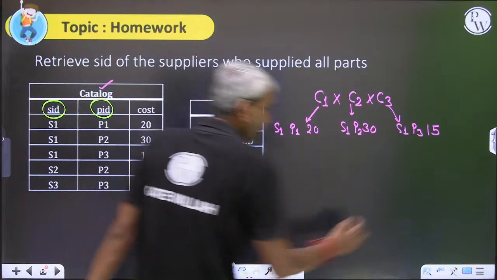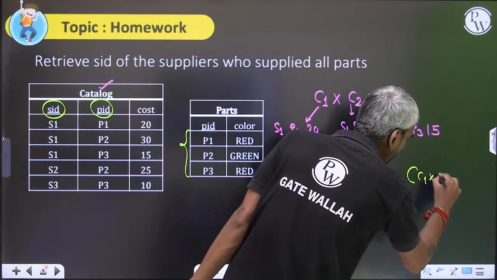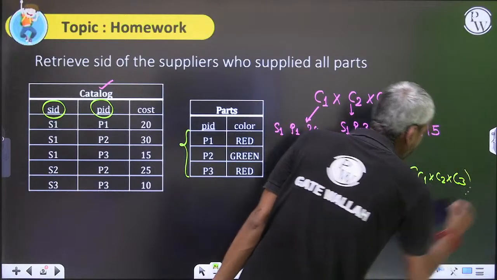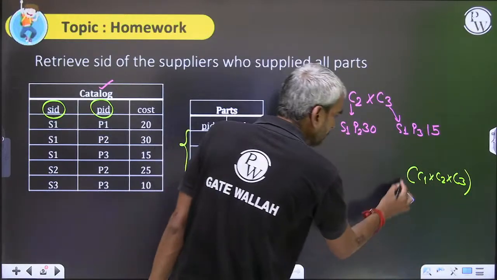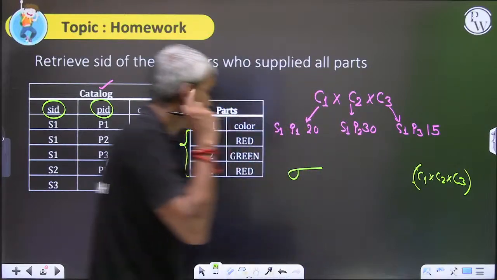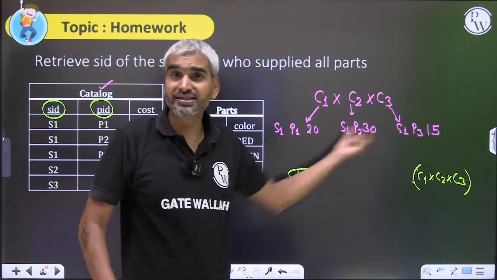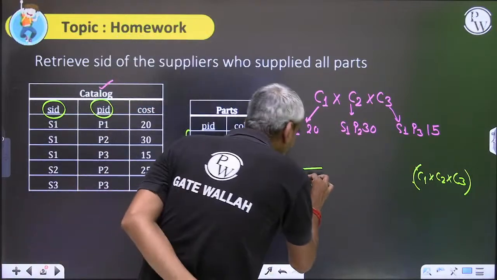let's say C1 cross C2 cross C3, and then you apply a selection condition, that in all these instances of C1, C2 and C3, SID must be the same.